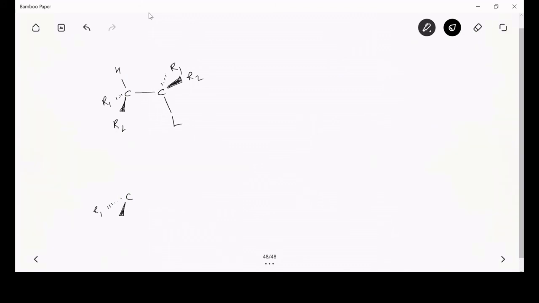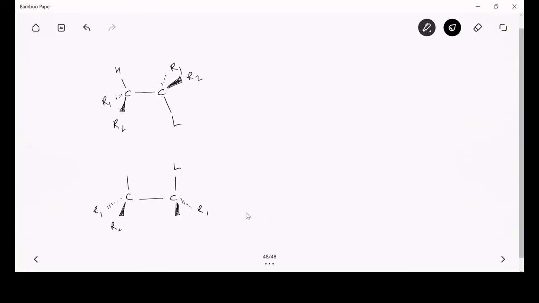Like this. Now, R2, C, here. So this is R1, R2, and here is the leaving group.